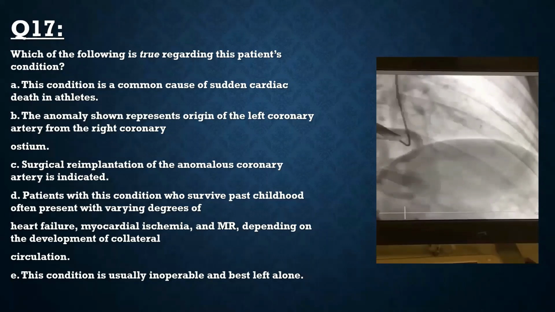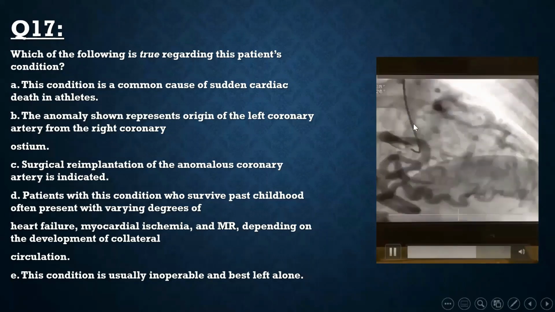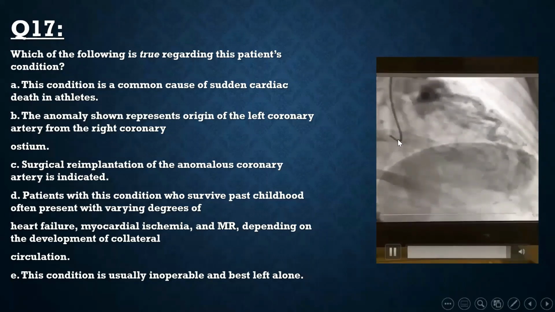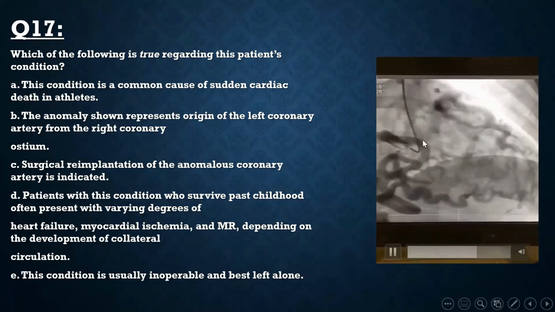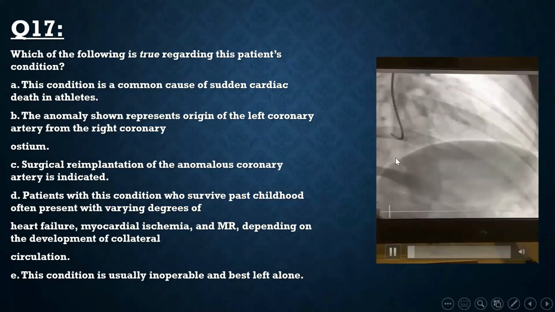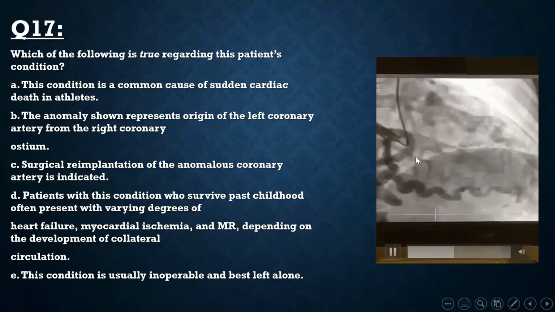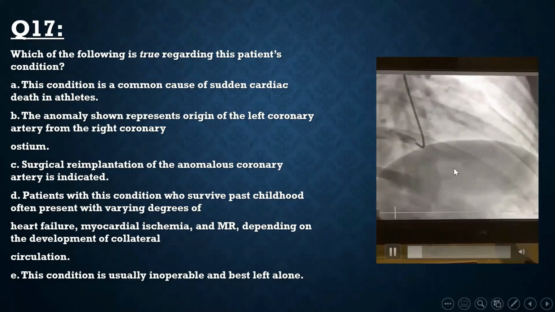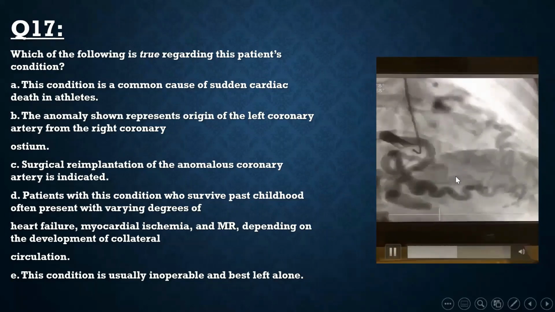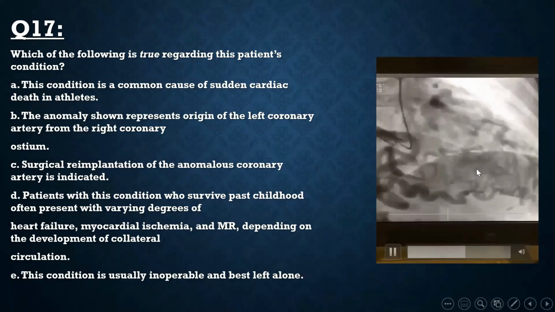If you look at this artery, the tip of the catheter is placed in the ostium of the right coronary artery. And the right coronary artery, as you see in this view, is a dilated, tortuous coronary artery with multiple anastomoses with the left side system.